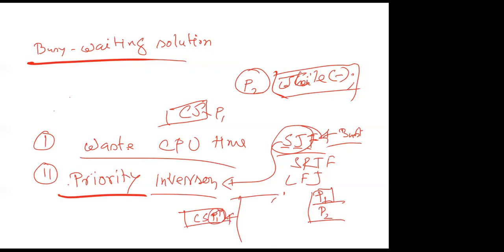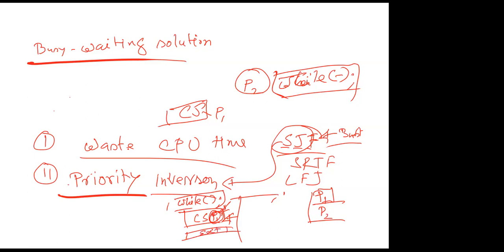When process P1 enters the critical section, in the Peterson method or whatever it is, another process that comes will execute a while loop until process P1 completes its execution and reaches the exit section code.